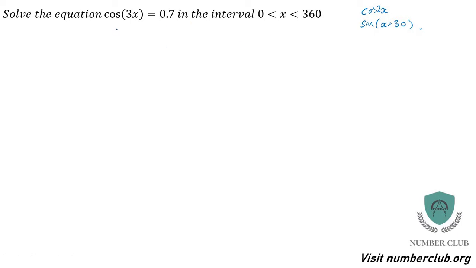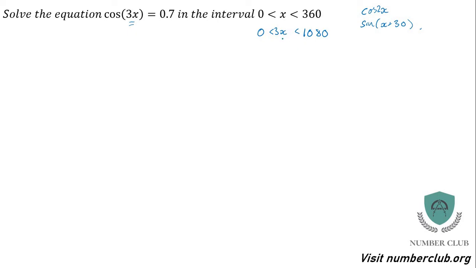Now, when we're dealing with something like this, the first thing to do is to note that you've got cos of 3x equals 0.7. There we have 3x, and so our interval, if we were talking about 3x, would be 0 up to 1080. 3 times 360 is 1080.